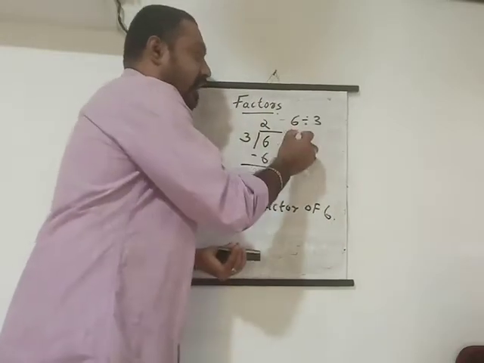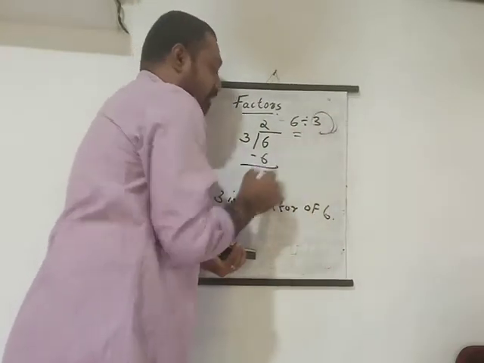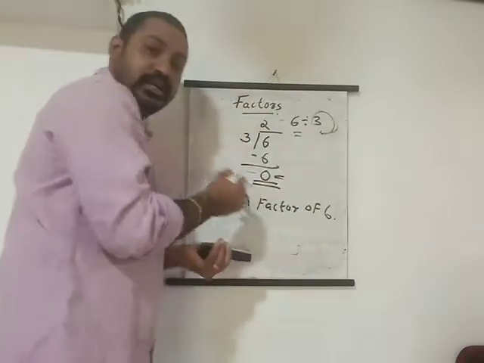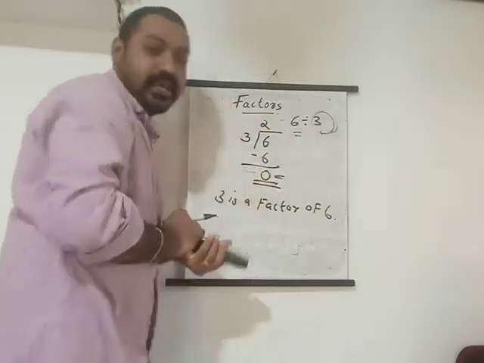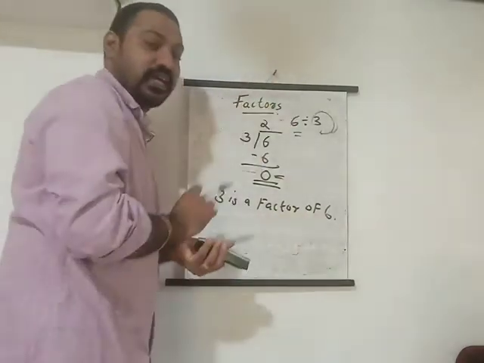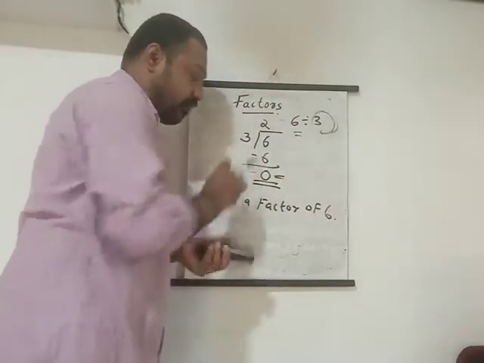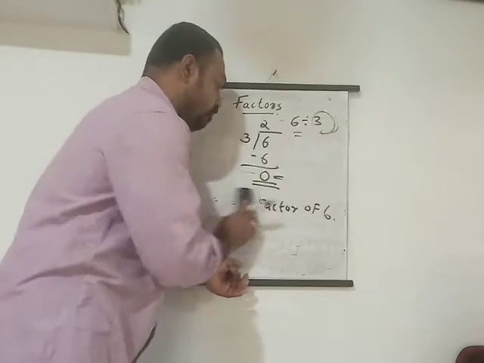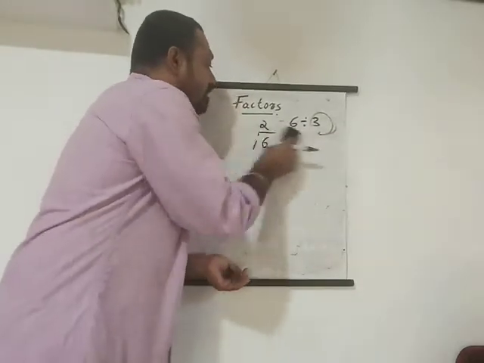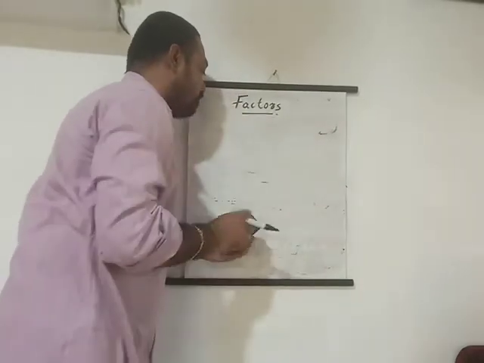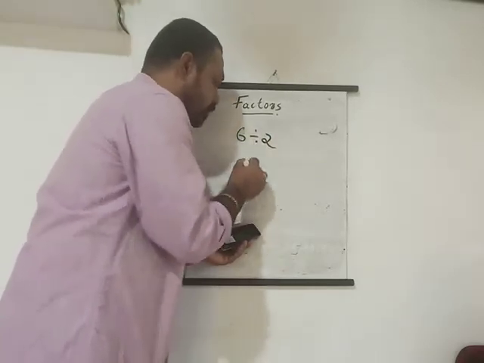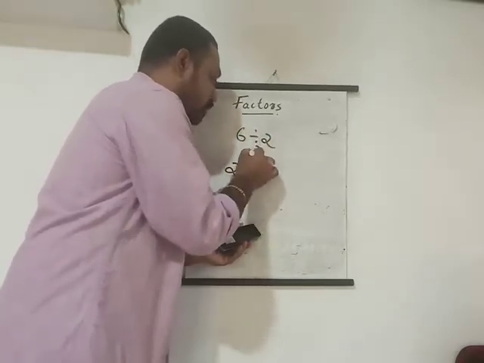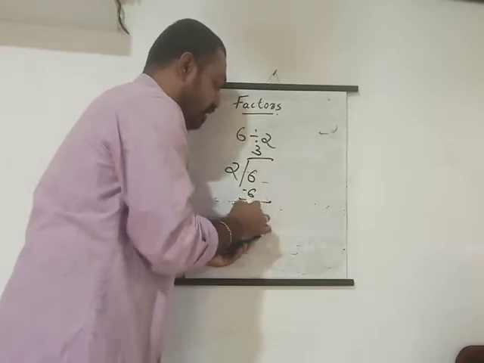Because when we divide 6 with 3, we got a remainder of what? 0. Then we can call 3 a factor of 6. Like that, when you divide 6 by 2, 3 2s are 6, again you will get 0.